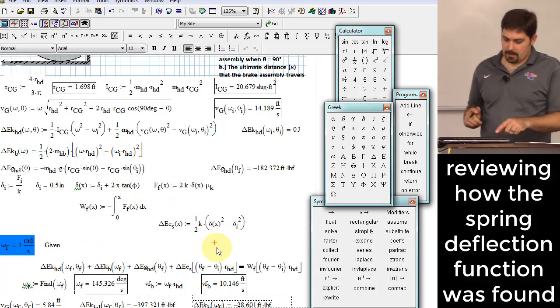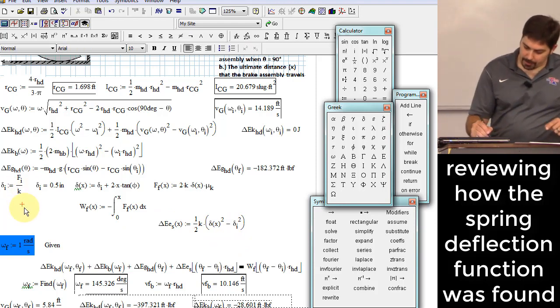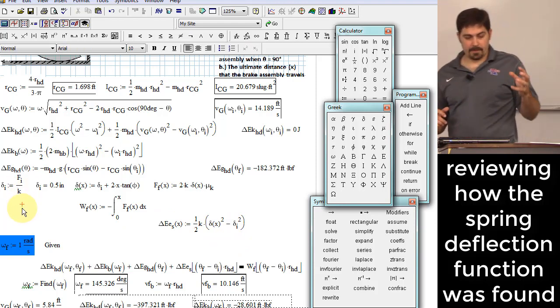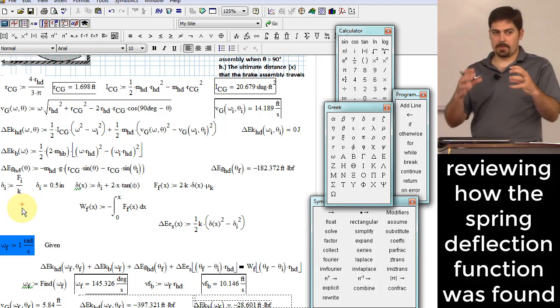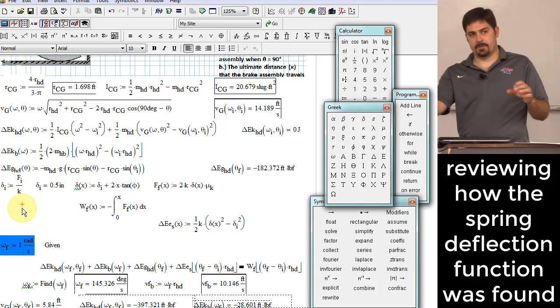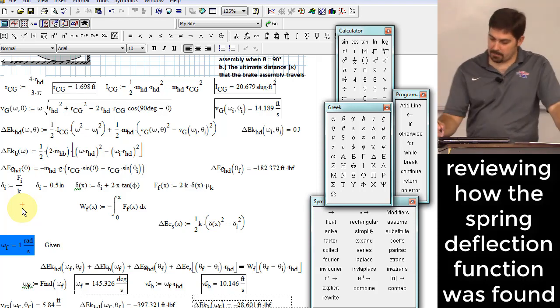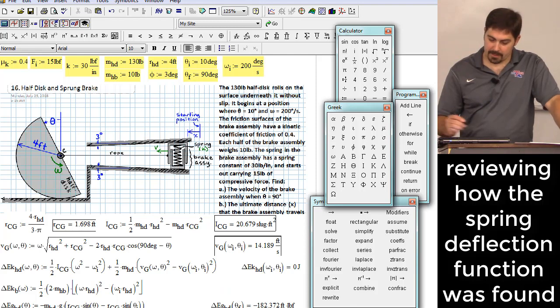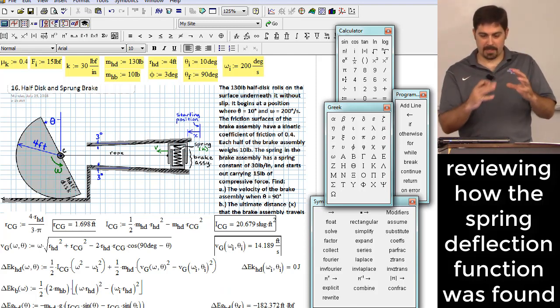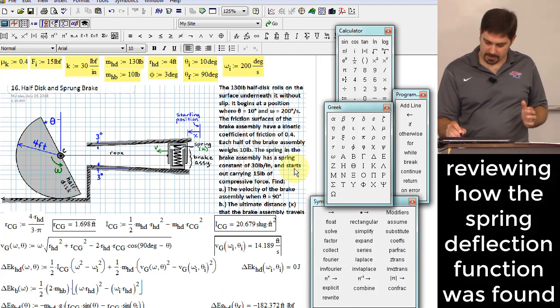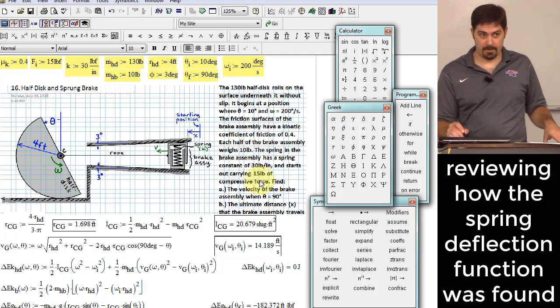All right. So the formula for the force in a spring is force is equal to spring constant times deflection, right? We were given that the spring had 15 pounds in it before anything moved. Right at the beginning of the problem, one of the givens was it starts out carrying 15 pounds of compressive force in that spring, right?